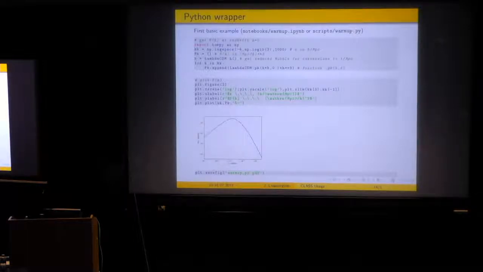But in order to do the normal kind of plot, we want this k to mean something in units of h per megaparsec, and we want this pk to contain the pk in megaparsec over h to the 3. And so we must do a work of conversion, because, as we will see when we look at the documentation of this function in a while, this function really wants a k in 1 over megaparsec, and it gives you a pk in megaparsec to the 3, which are, as we said, the default units inside class.